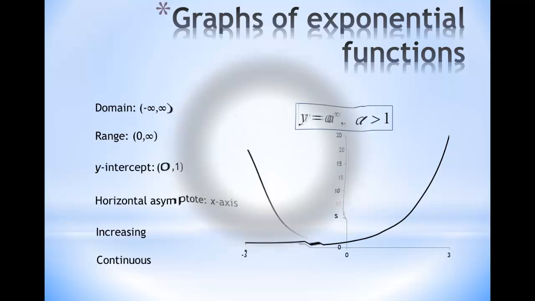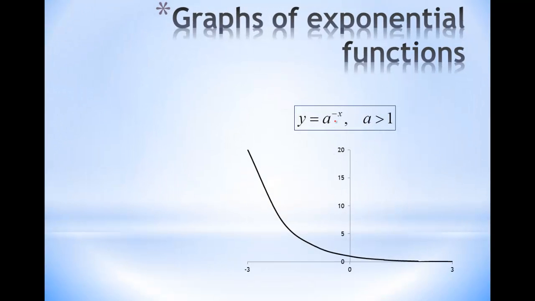Okay? Let's look at the situation where I have a to the negative x. In that situation, and we'll talk about this in a minute, if you go back to our chapter 1, I think, this is going to be a reflection about the y-axis. Okay? And go back to our 4 to the x.